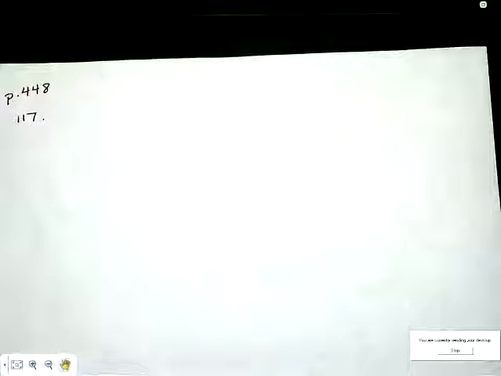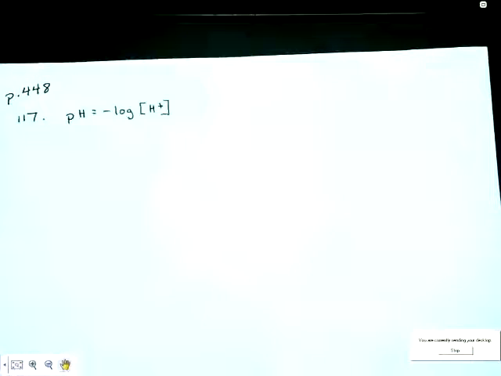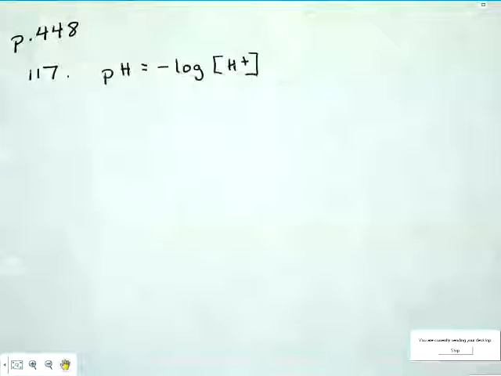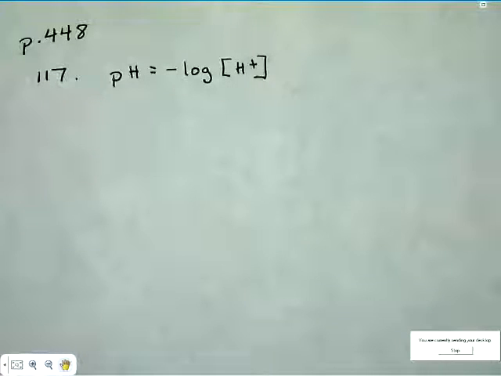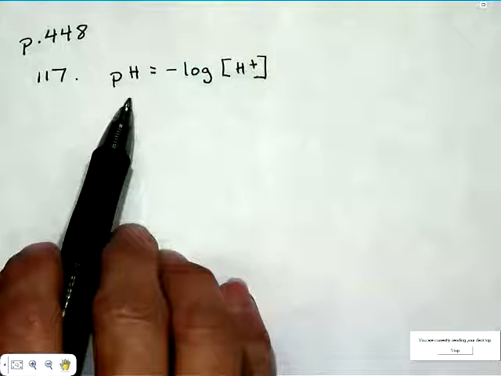Number 117 gives you a formula for calculating the pH of a chemical solution. This is pH, the acidity or alkalinity of a substance.